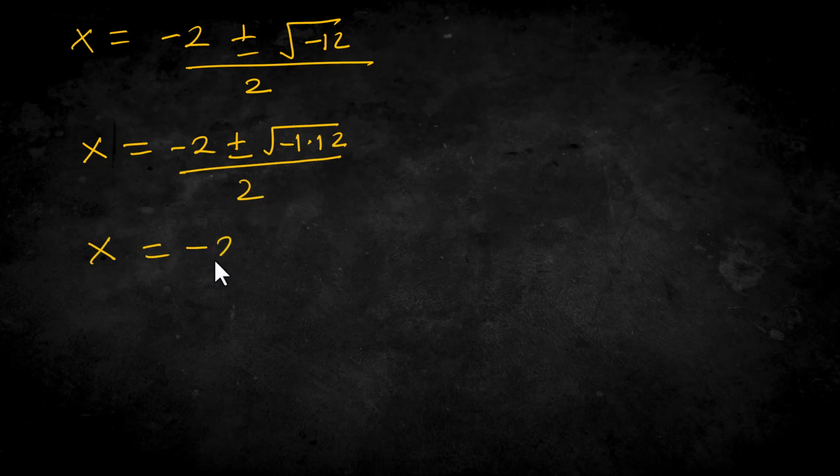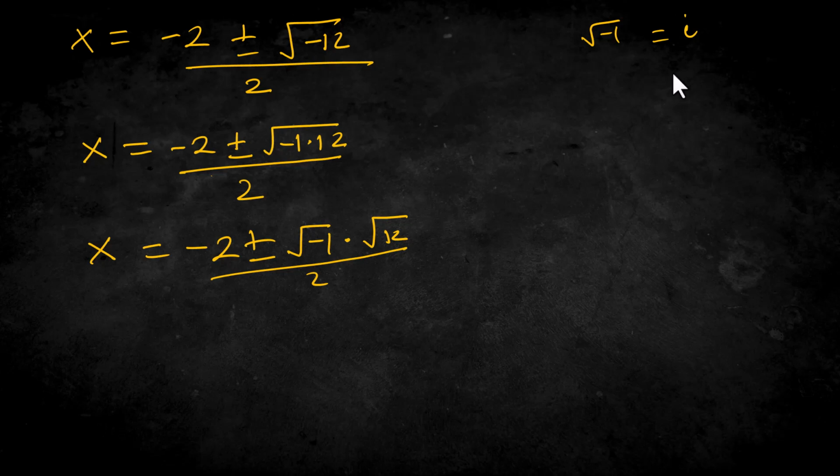So I have minus 2 plus or minus the square root of minus 1 times the square root of 12. The square root of minus 1 is the same as i. So you can say minus 2 plus or minus root 12 i, over 2.